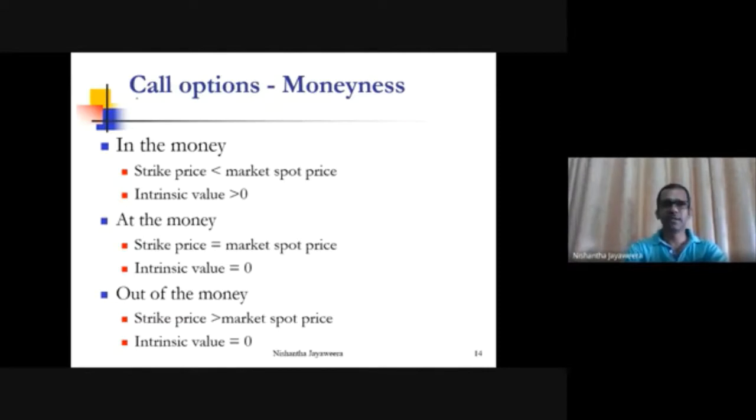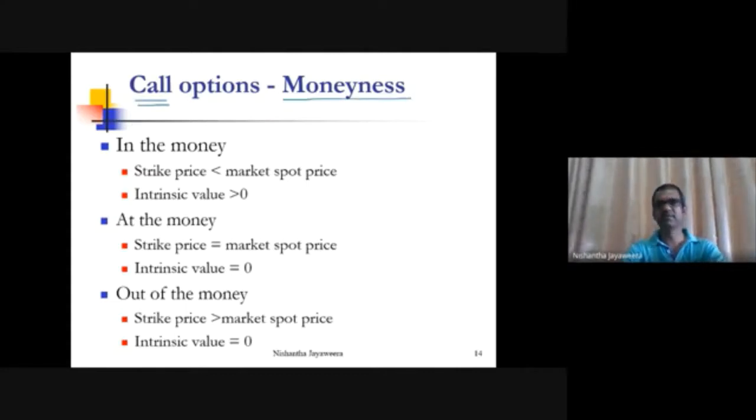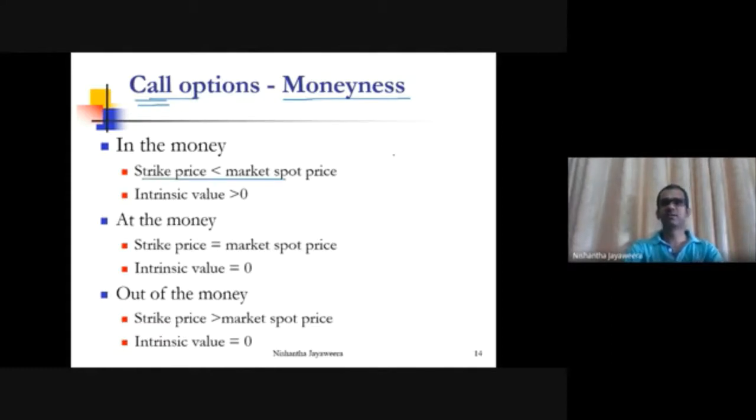Again, the conditions vary depending on whether it's a call option or a put option. Here I am going to discuss moneyness for a call option. Strike price is less than market spot price.